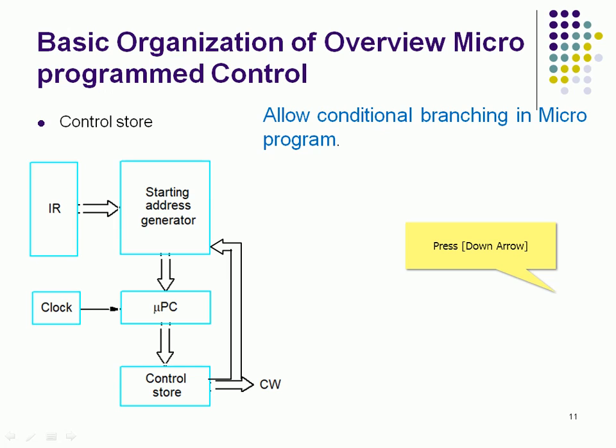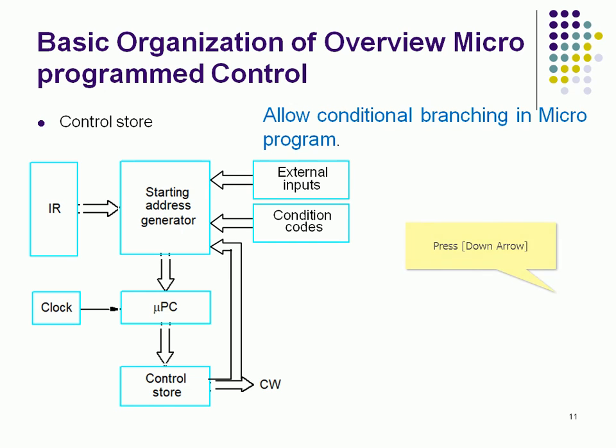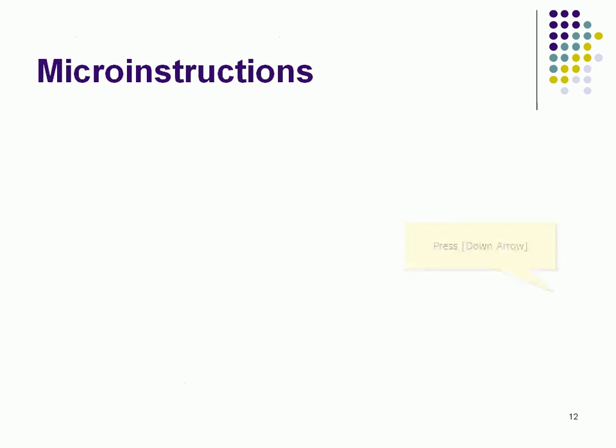It will be in a loop. There are several micro routines in a micro program, and every micro routine has a starting address. The jump address will be computed, and the starting address will be generated here. Each micro routine has its micro PC, right? That goes to the starting address generation for every micro routine. It also receives condition codes and external inputs.